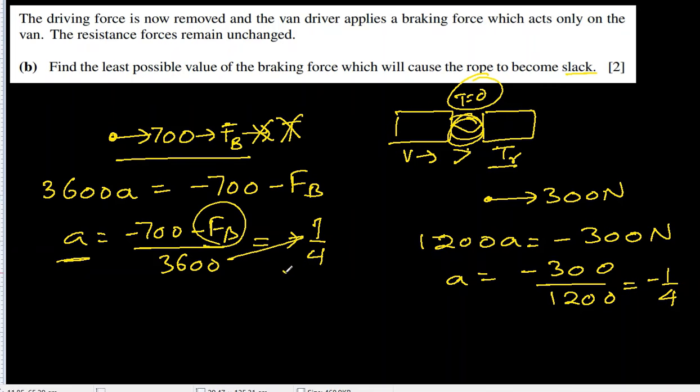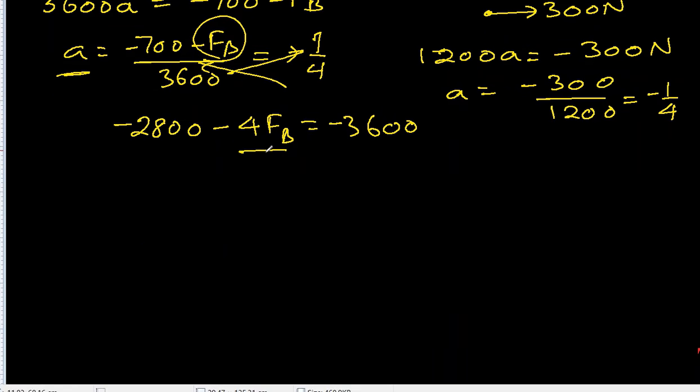So let's cross multiply. 4 times minus 700 is minus 2800 minus 4 FB equal to minus 3600. And now let's keep minus 4 FB on the left side, but take 2800 to the other side.